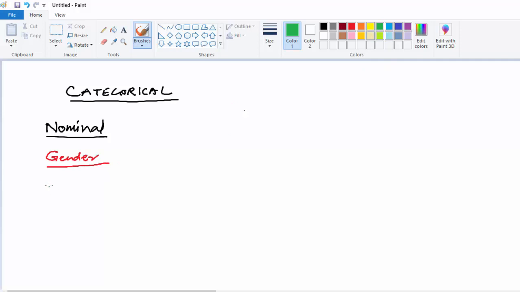Suppose we have male, female and transgender. Okay, I will explain it later. Now I will explain you first about the orderable data. Then after that you can better understand the nominal data.